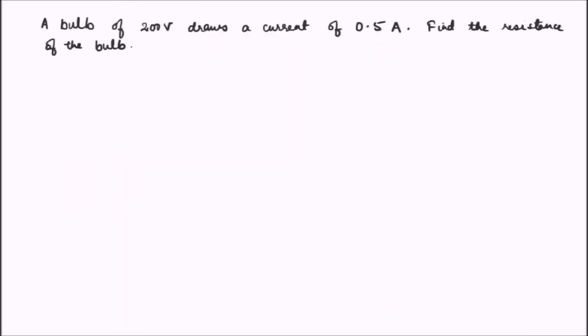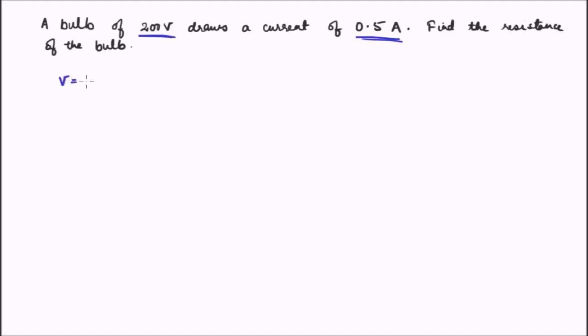The first question that we are going to discuss is based on Ohm's law. Let's see. We have a bulb of 200 volt and it draws a current of 0.5 ampere. So let's write the given quantities.